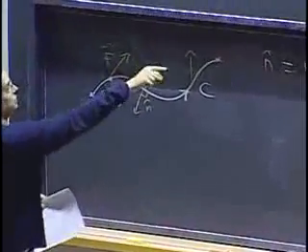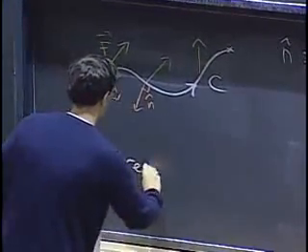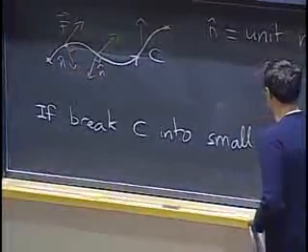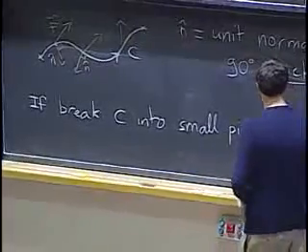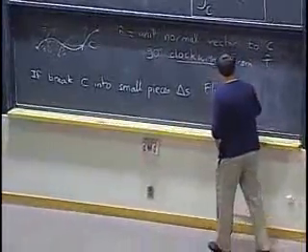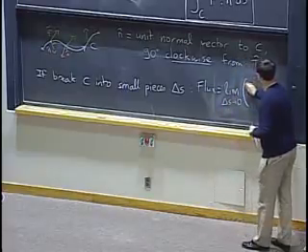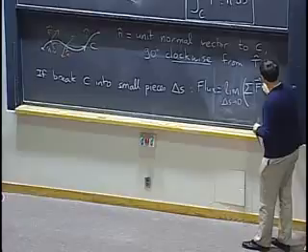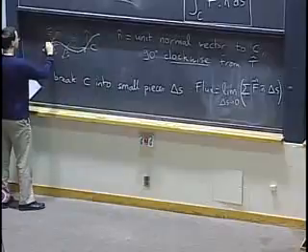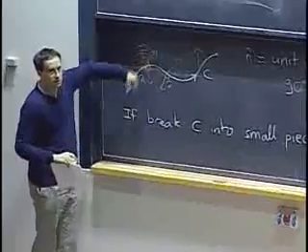So what this notation means is that if we actually break C into small pieces of length delta S, then the flux will be the limit, as the pieces become smaller and smaller, of the sum of F dot n delta S. I take each small piece of my curve, I do the dot product between F and n, and I multiply by the length of a piece, and then I add these together.